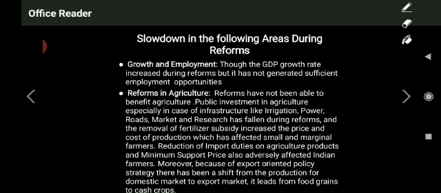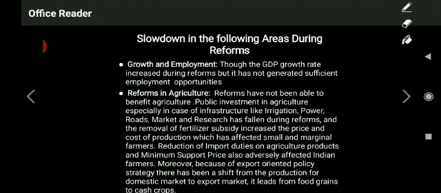And again, the removal of fertilizer subsidy increased the price and cost of production. In those days, the Government of India removed the subsidy on fertilizers and pesticides. Once the subsidy is removed, what happens to the price of that product? Increasing.